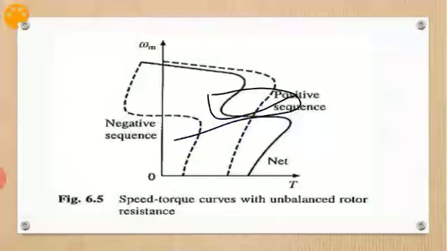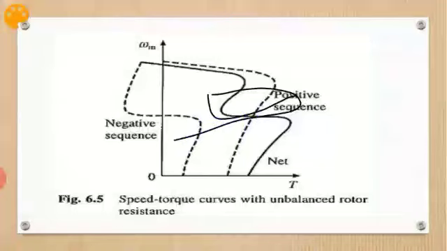This arises because of rotor unbalance, and we can also observe this phenomenon when single phasing occurs in the rotor. The torque developed by the machine at slip equal to 0.5 will be zero, and the motor may not accelerate beyond this point in starting.